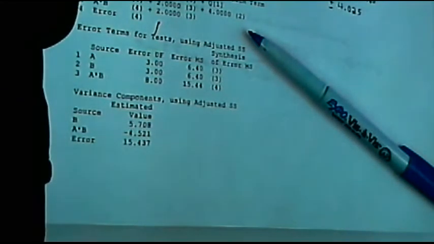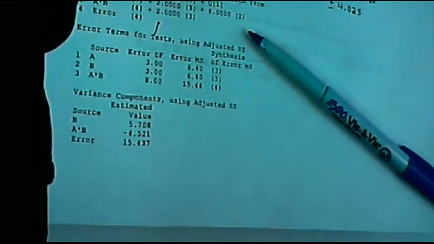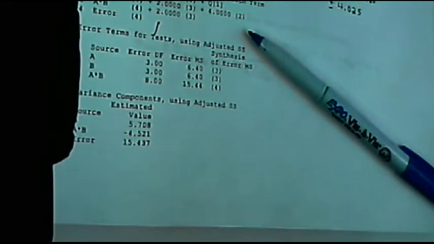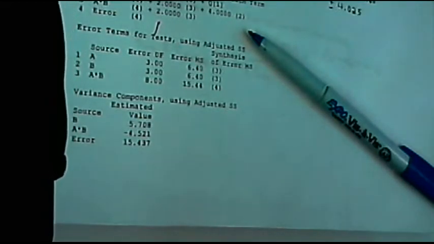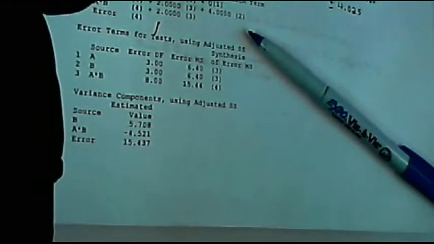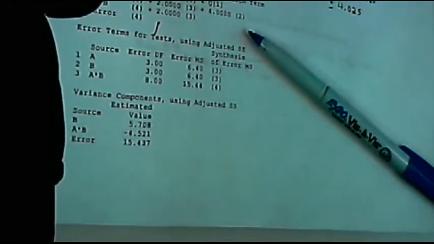We learned something different. You taught us that when the factor is random, we should divide it by the mean square of the error, not by the mean square of the interaction, unless B is fixed. I said that? Yeah. Everybody's shaking their heads, so. So I must have.